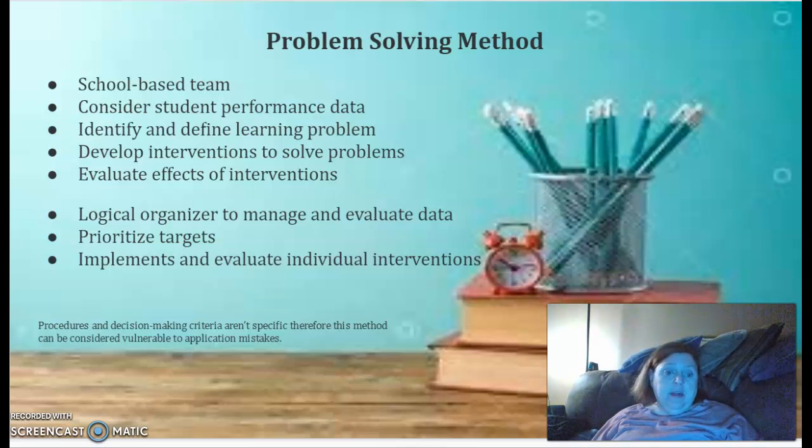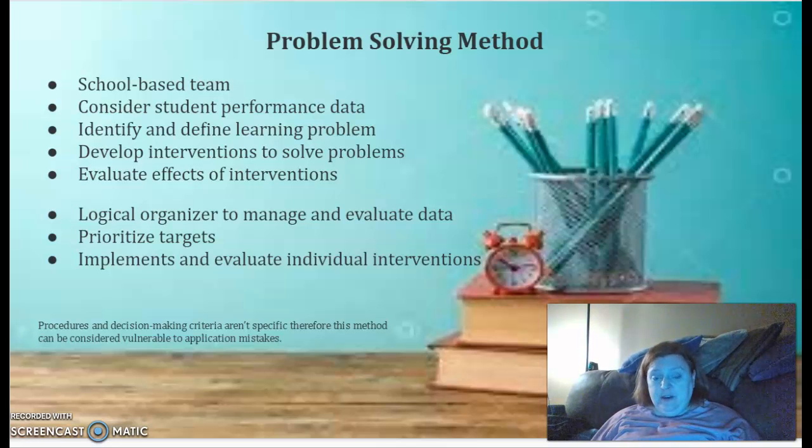Now, one thing about the problem-solving method is that it uses a logical organizer to manage and evaluate data. So that's a positive aspect to it. It also does prioritize targets. Another thing that's good about it is that it implements and evaluates individual interventions. However, one drawback is that procedures and decision-making criteria aren't specific.